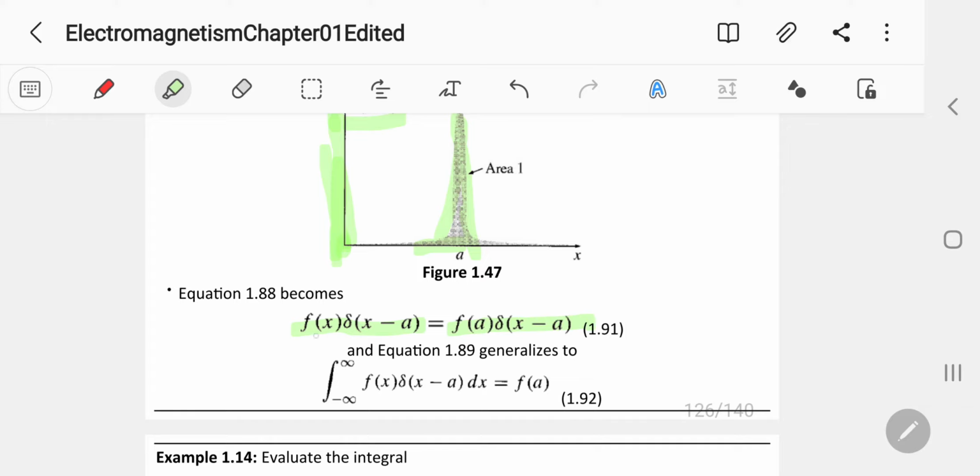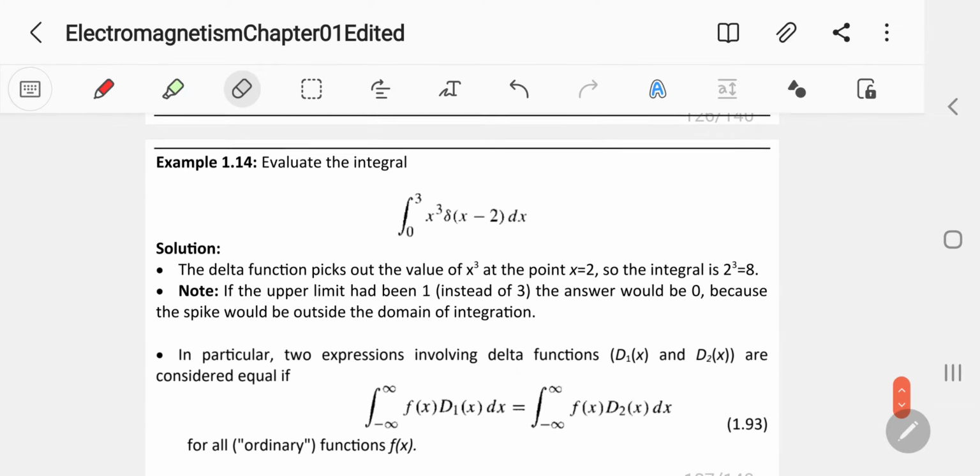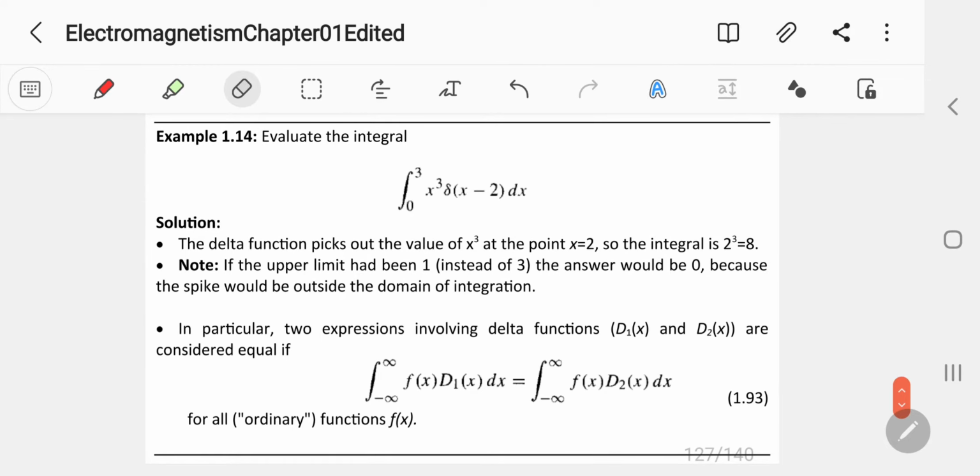And so if you integrate both sides, you will have this one here. So let's go to an example. Evaluate this integral here.